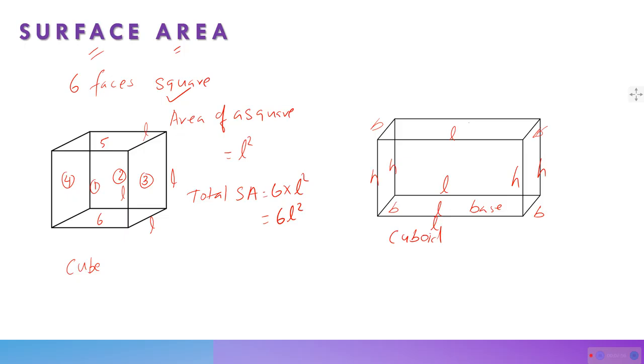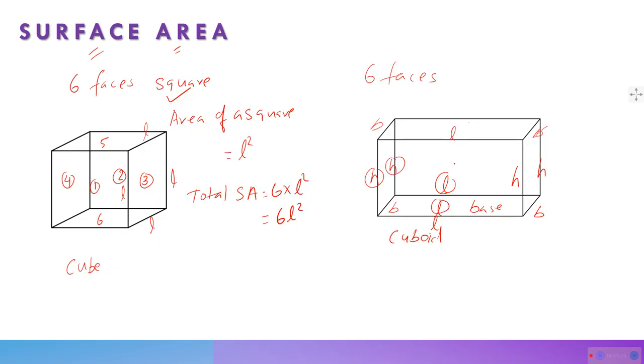If we think about the same concept of surface area in the case of a cuboid, we know that there are different faces. There are 6 faces for this cuboid also. That way it is similar to a cube. But all 6 faces are not alike. If I take the front and back, there is a length and a height. Back also there is a length and a height.